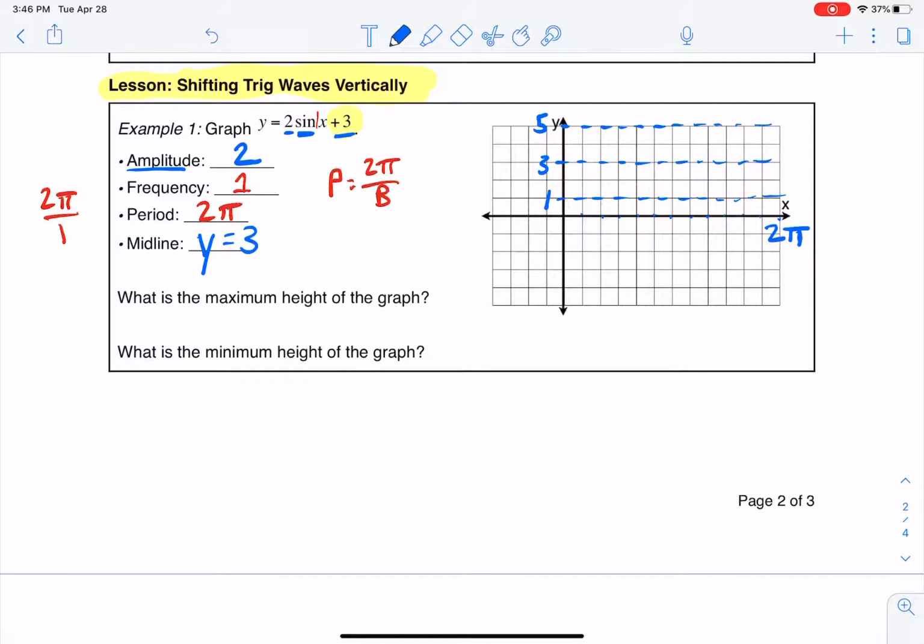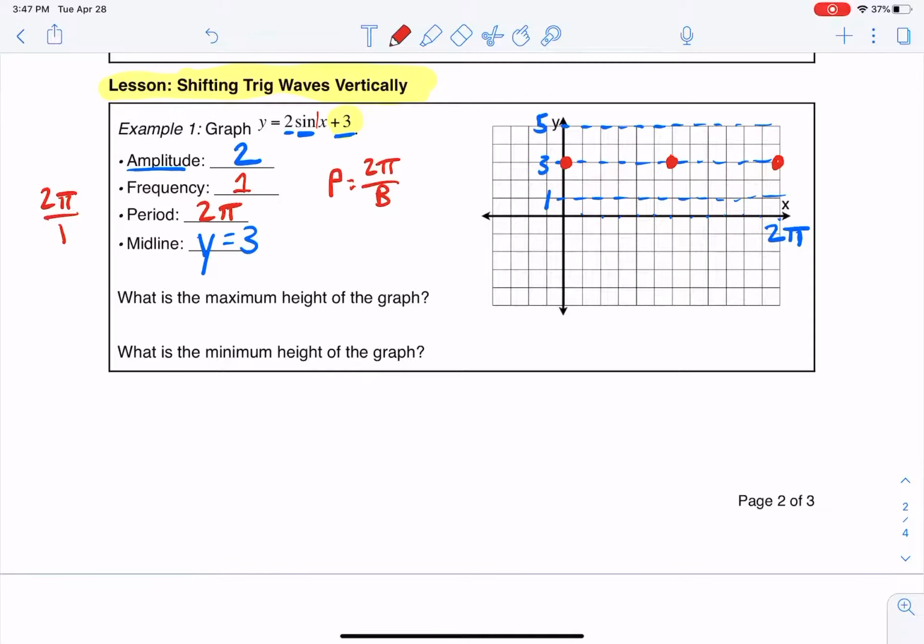Because it's a sine function, I start and end in the middle. And I cross that midline again halfway through the cycle. So that would be 6 units away from 0.